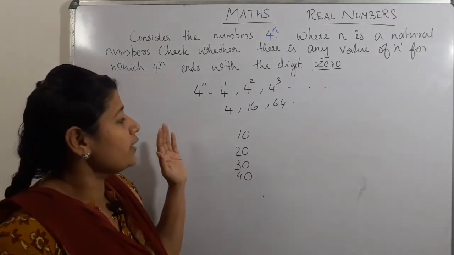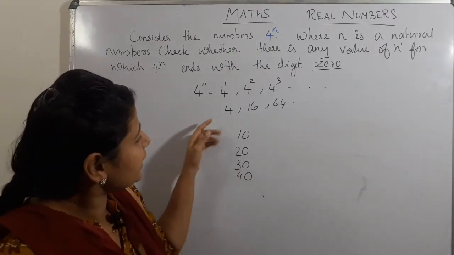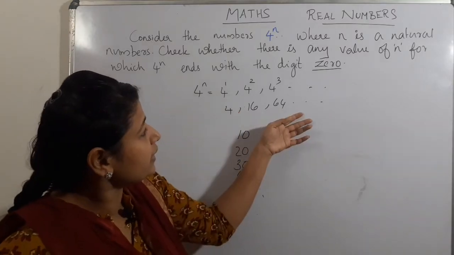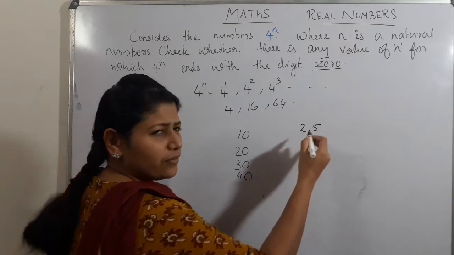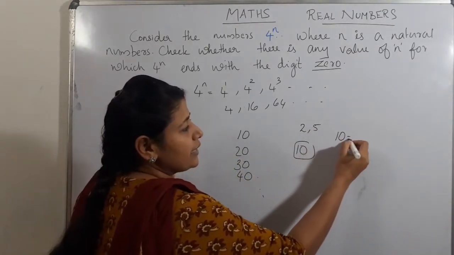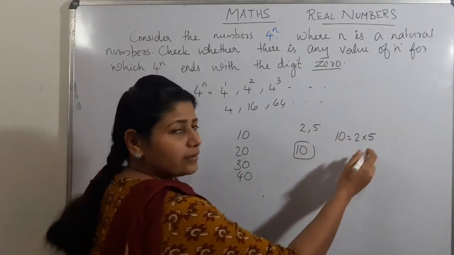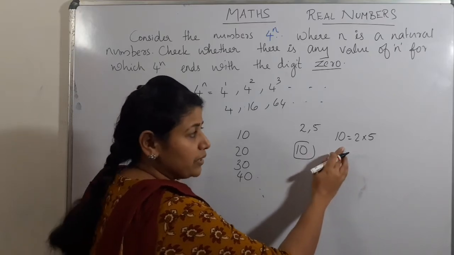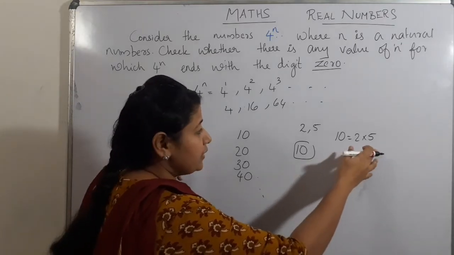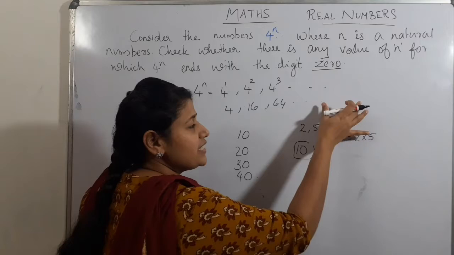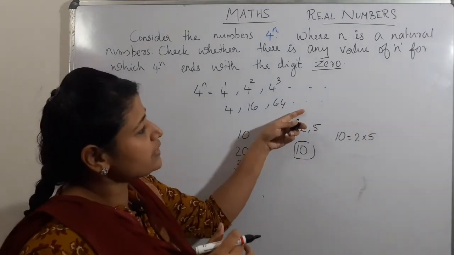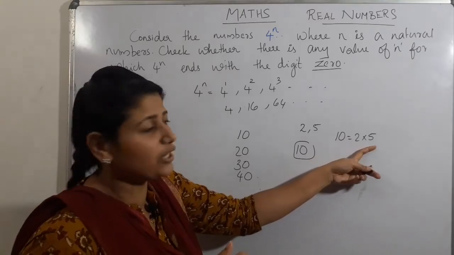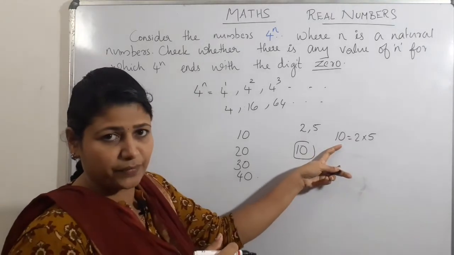You know that any multiple of 10 should be a multiple of 2 and 5, since 10 can be written as 2 into 5. Isn't it? So if any number in this sequence ends with 0, it must also be divisible by 2 and 5. Only then will you get 10 as a factor.